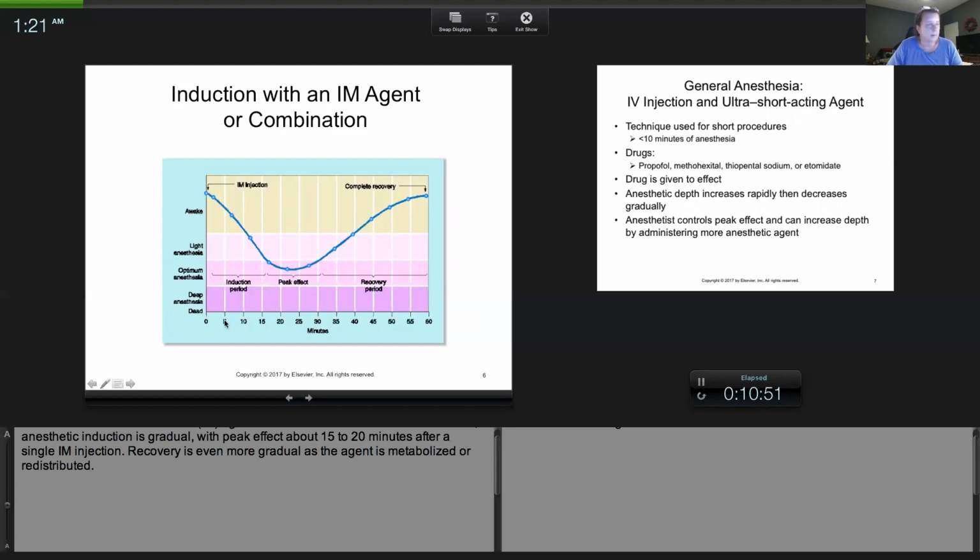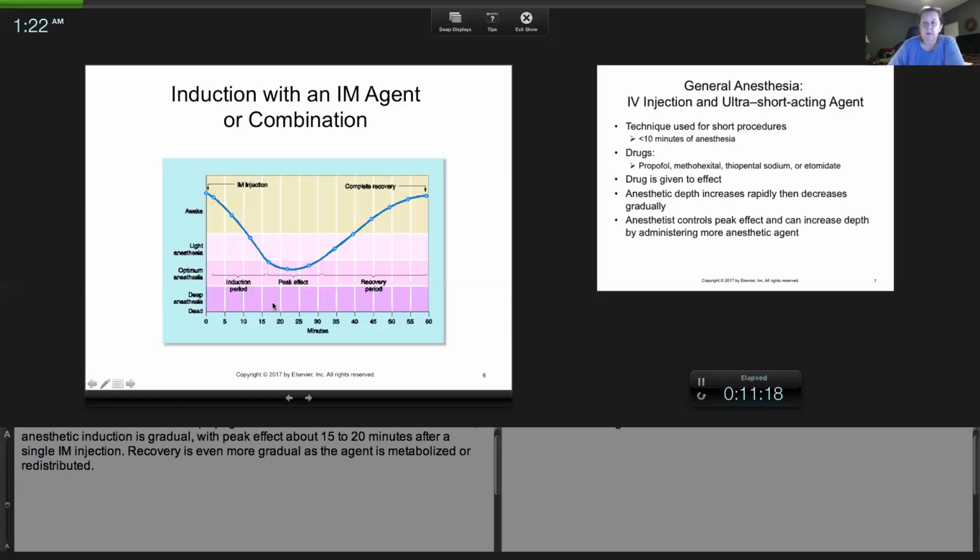If you look at the bottom, this injection took about 20, 22 minutes to reach peak effect. Now, what happens here, the drug starts to wear off gradually. You get a gradual recovery. So this animal with this protocol took about an hour from time of injection to recovery.